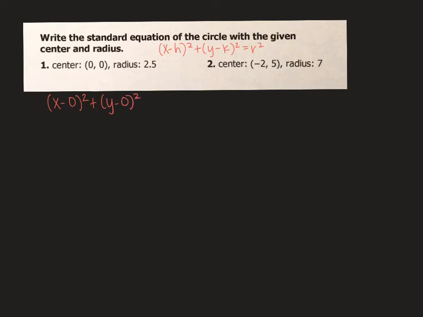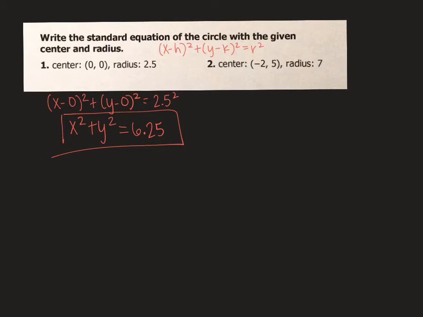So (x minus 0) squared plus (y minus 0) squared equals our radius of 2.5 squared. So x minus 0 is just x, y minus 0 is just y. So x squared plus y squared equals 2.5 squared, which is 6.25.